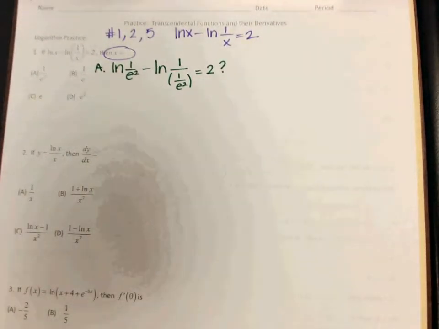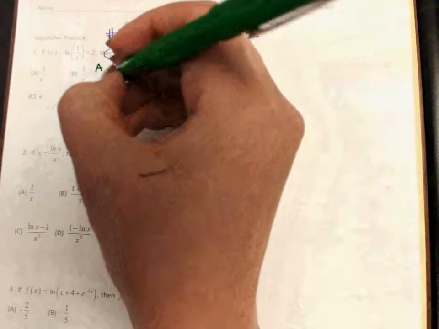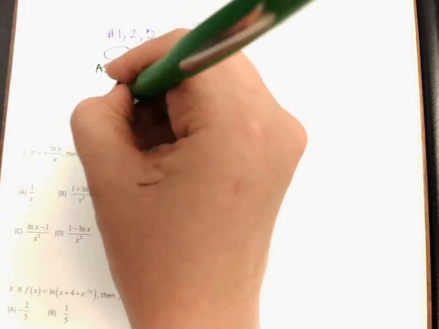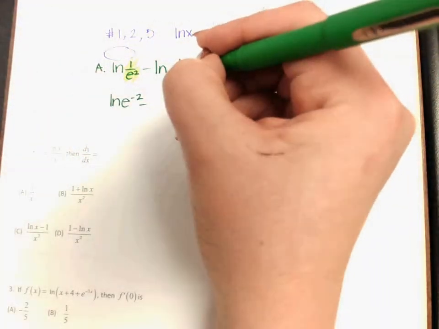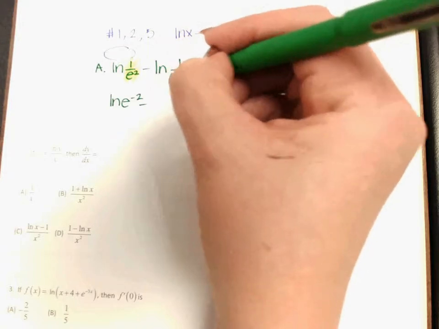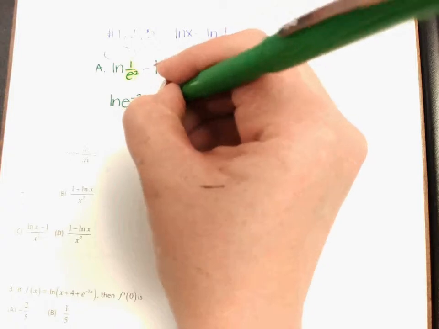Now, the first thing that I would do is take this 1 over e squared, and I would turn that into an e to the negative 2. So really, this is ln e to the negative 2 minus, and then if this is 1 over e squared, then I can flip that bottom and multiply. So really, that's the ln of e squared.